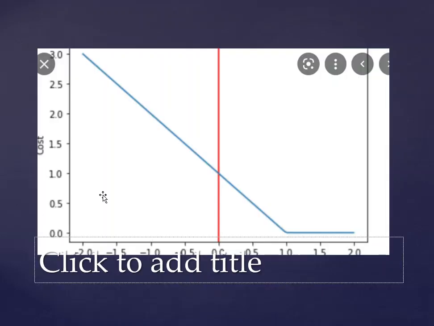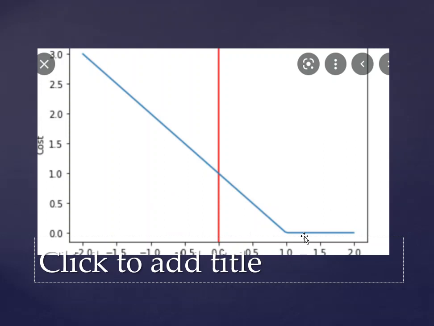Let us move on to the graph of the penalty. The y-axis shows the penalty or loss size, and the x-axis shows the distance from the boundary. The left side shows the incorrectly classified data points, and the right side shows the correctly classified data points.